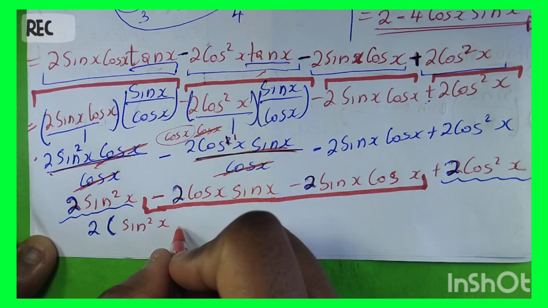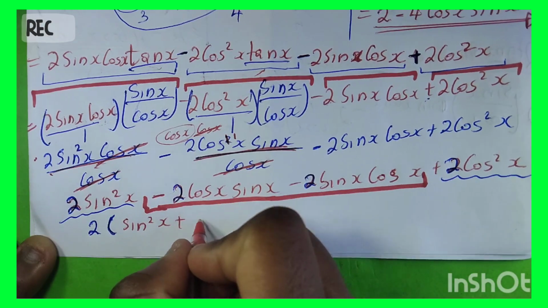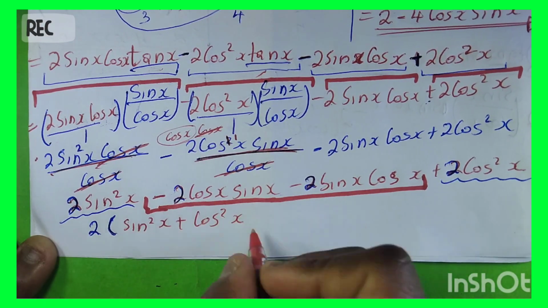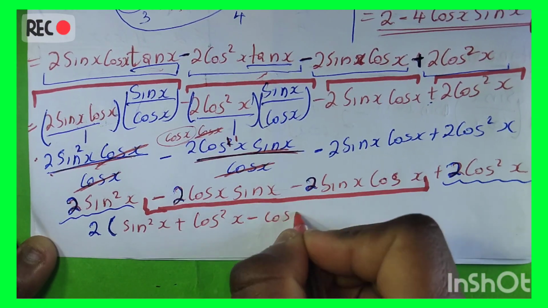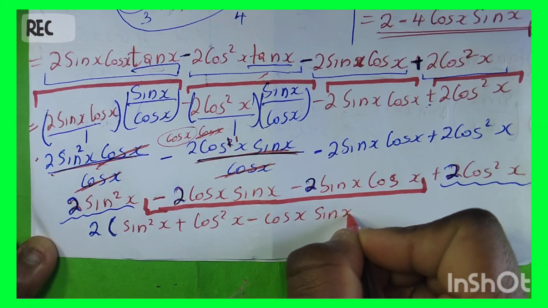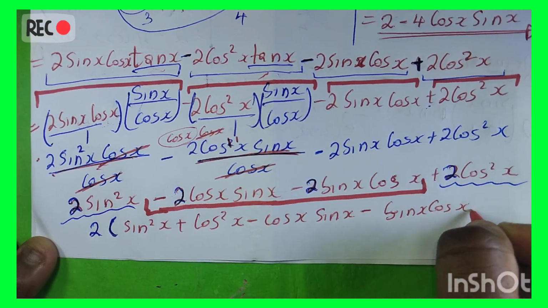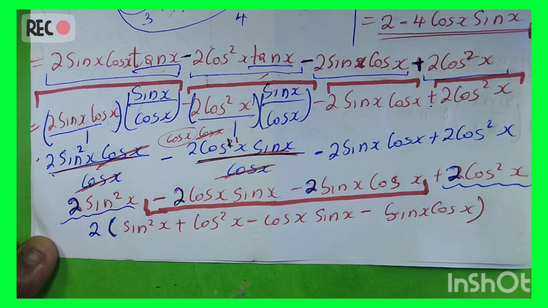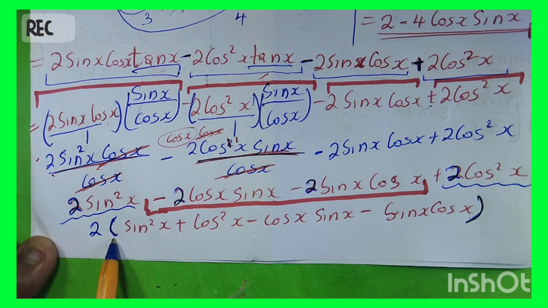Then for this one, taking that 2 out, I will only be left with cos x. Then for this one again, it will only be cos x sin x minus sin x cos x there. Do you see? Then now I can close my brackets. Now I have taken that 2 outside.